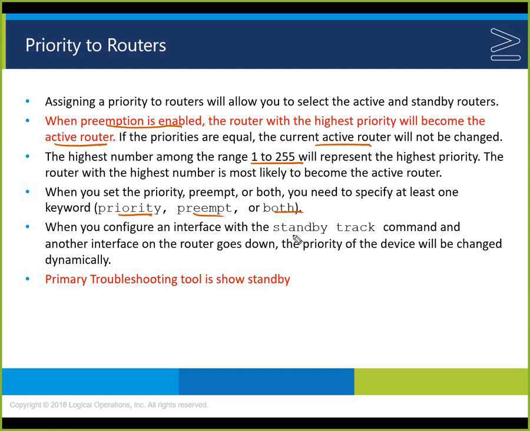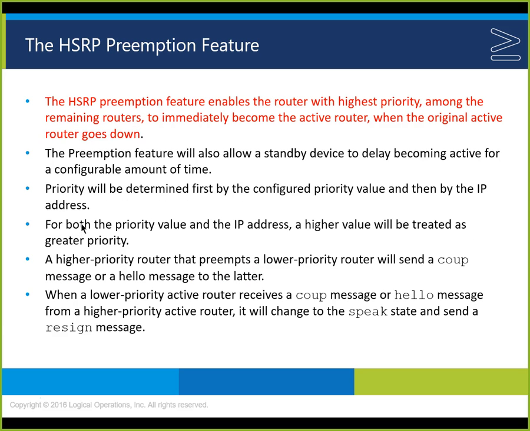When you configure the interface with a standby track command and another interface on the router goes down, the priority of the device will be changed dynamically. The primary troubleshooting tool is show standby. So show standby is going to show us what's going on with these things.